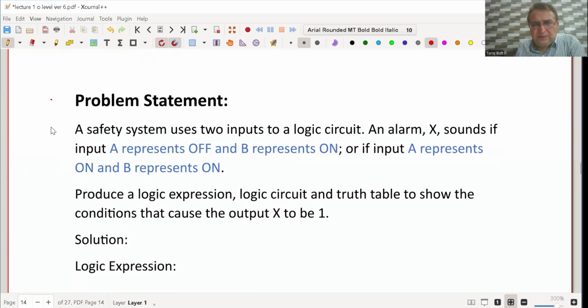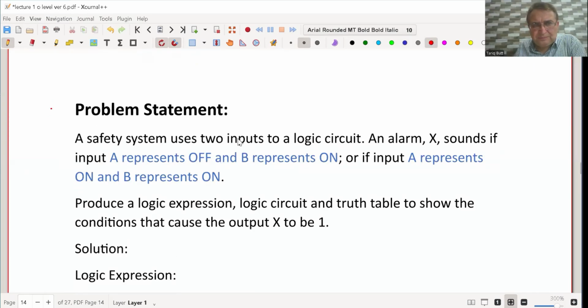And here we are given some problem statement. Sometimes questions may be given like this. You're given some statement, and from that statement, you have to build the logic expression, followed by some logic circuit, or maybe even asked to draw the truth table. Fine.